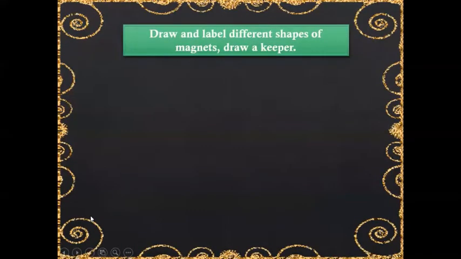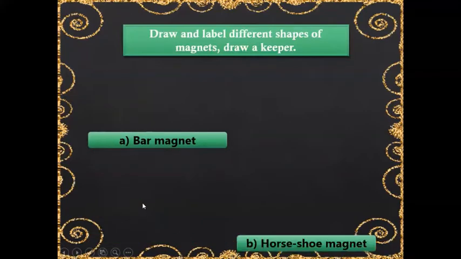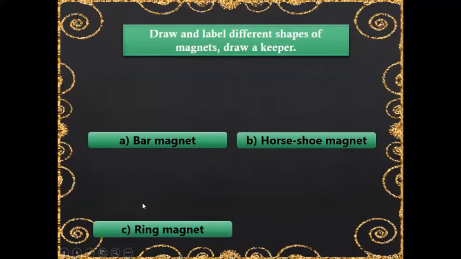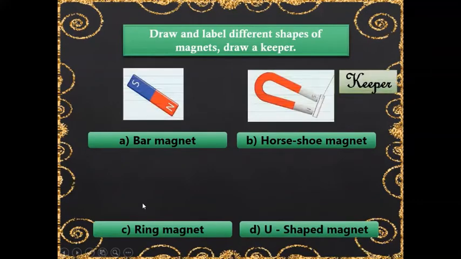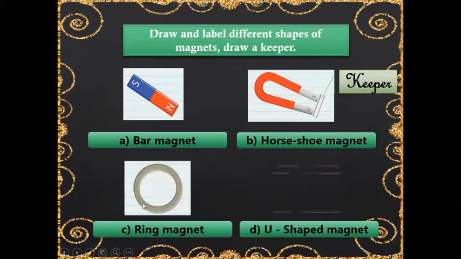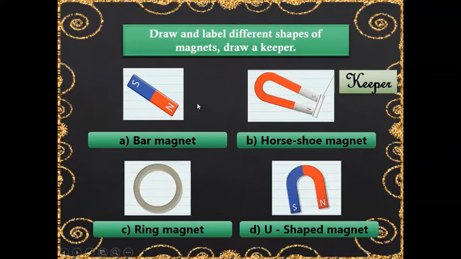Now students, do you know how to draw and label different shapes of magnets? Yes, any different shapes of magnet you have to practice for your assessment. Here I am showing you some pictures. So do practice drawing a bar magnet, shoe magnet, ring magnet or U-shaped magnet.